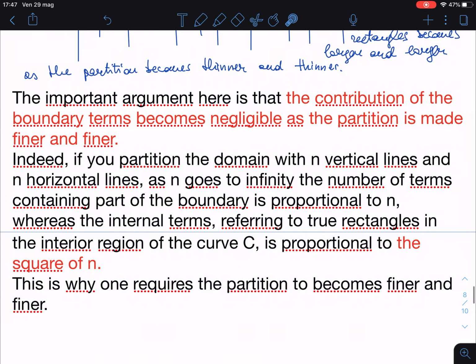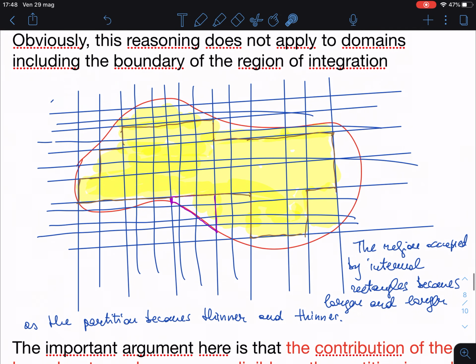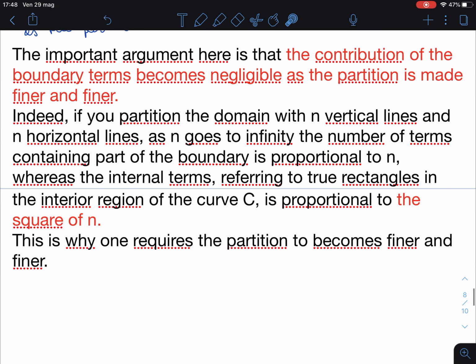Another way to see this is the following. Indeed, if you partition the domain with n vertical lines and also n horizontal lines, it is not necessary that it is exactly the same number, but consider the case in which you have n vertical lines and n horizontal lines.